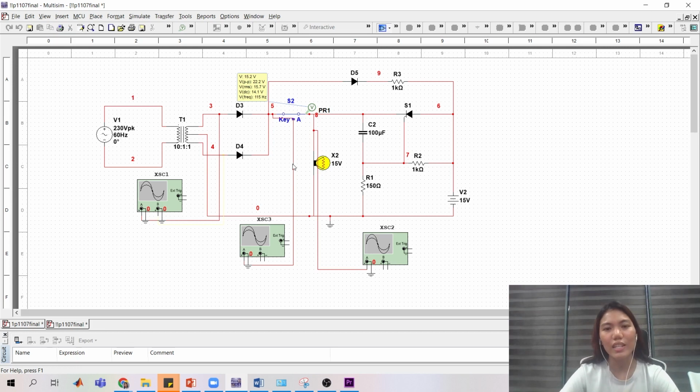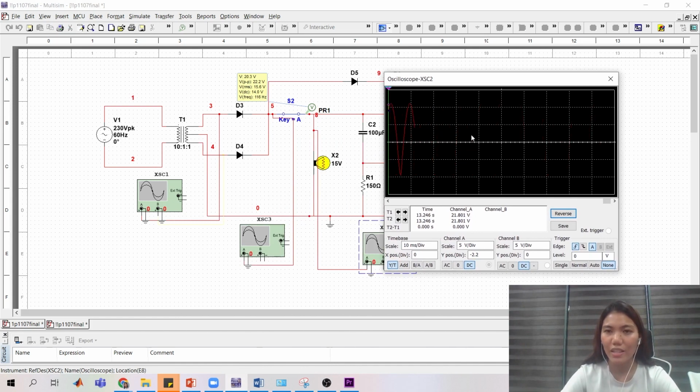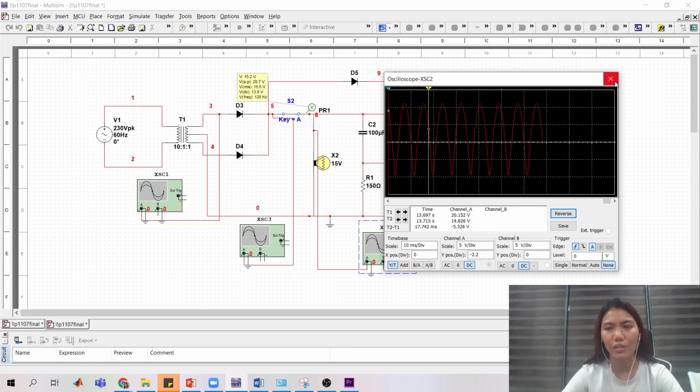We can see that the light intensity is changing. This is because the AC voltage applied is a sine wave from our rectified voltage. Since it is a sine wave, values will be changing. That's why the intensity of the LED is also changing.